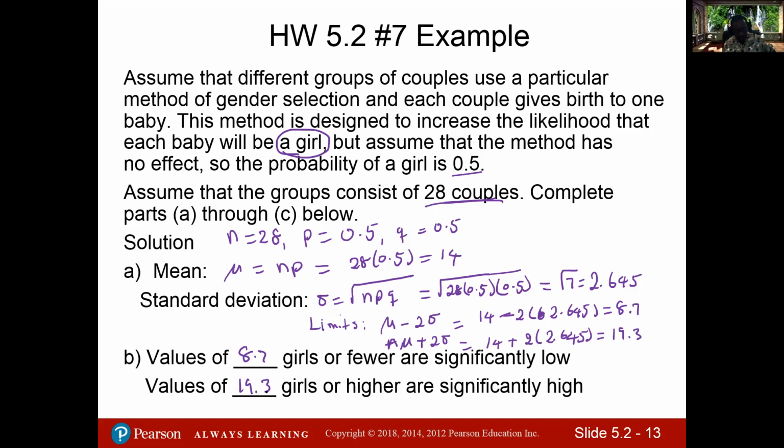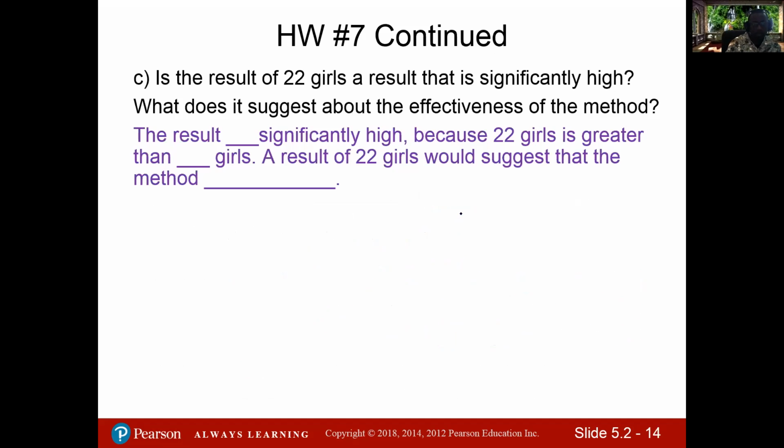So you have 8.7, less than that it is significantly low, but if it's greater than 19.3, it is significantly high. So the question is, if this resulted in 22 girls, is this significantly high? Of course.